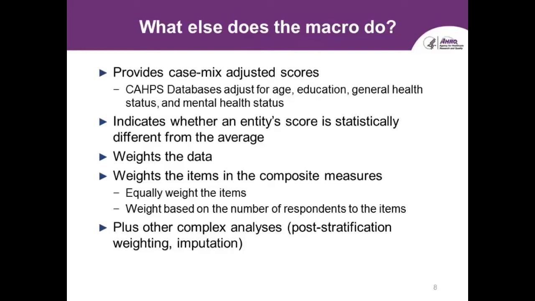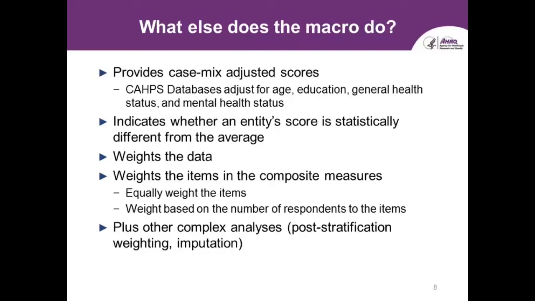It can also weight the data to weight up to the population. For example, if you're looking at health plan data, it can weight up to all the eligible enrollees. Weighting can also be done at the item level when calculating composite measures. Since composite measures are comprised of multiple items, you may want to equally weight the items, for example, a straight average of the item scores.